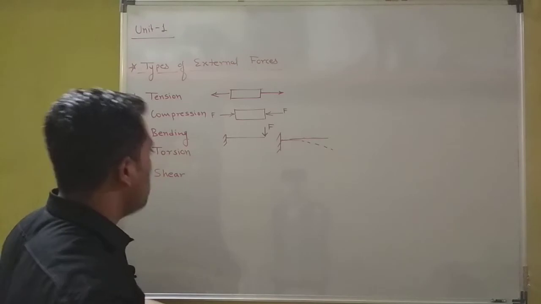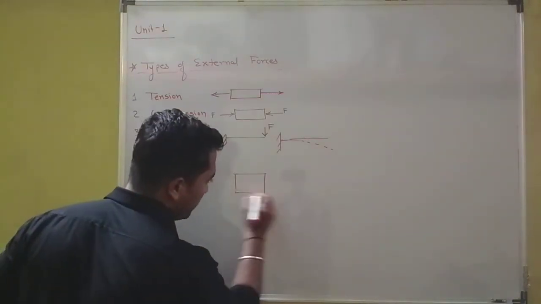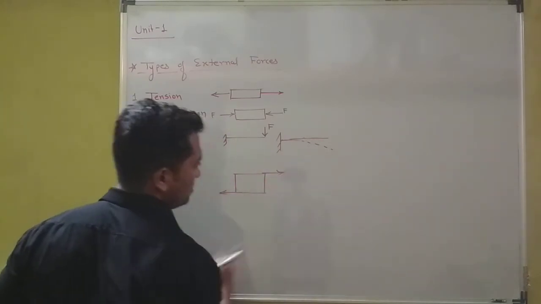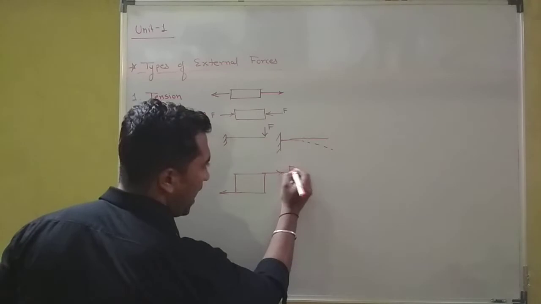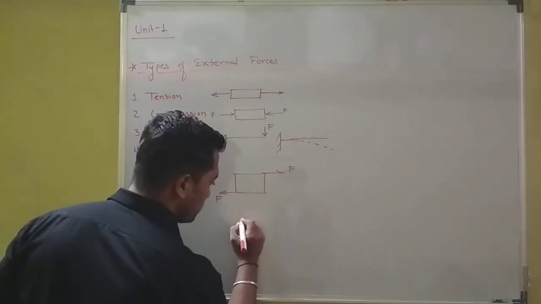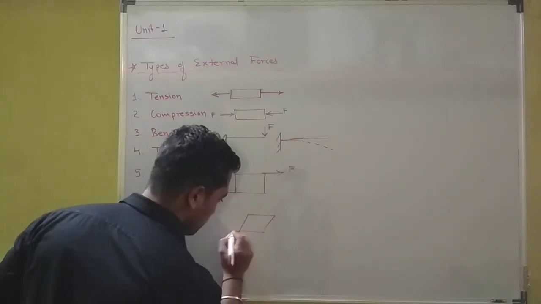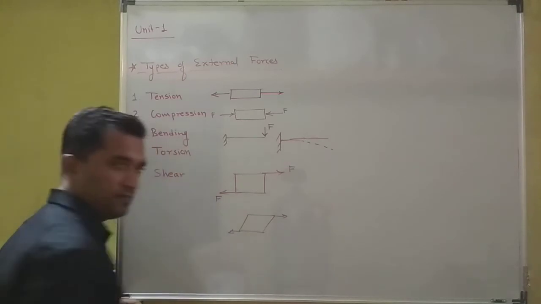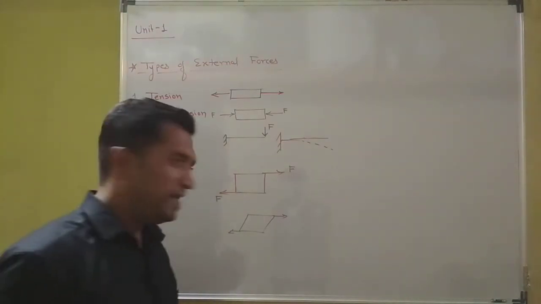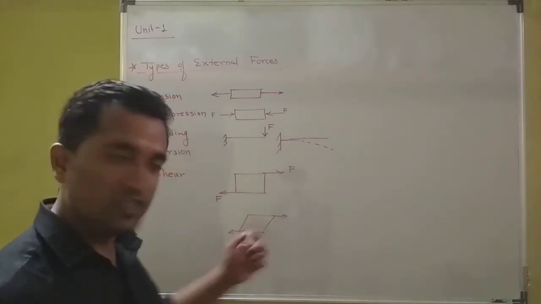Now shear force is nothing but whenever we are applying a force on a body parallelly, but with equal magnitude and in opposite direction, then what will happen? This will become like this, isn't it? Now whenever we find such cases, we can say the body is subjected to shear force.